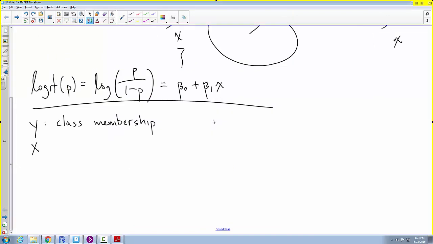So cancer, yes or no. X is prostate-specific antigen number, biomarker for prostate cancer. So, predictor.